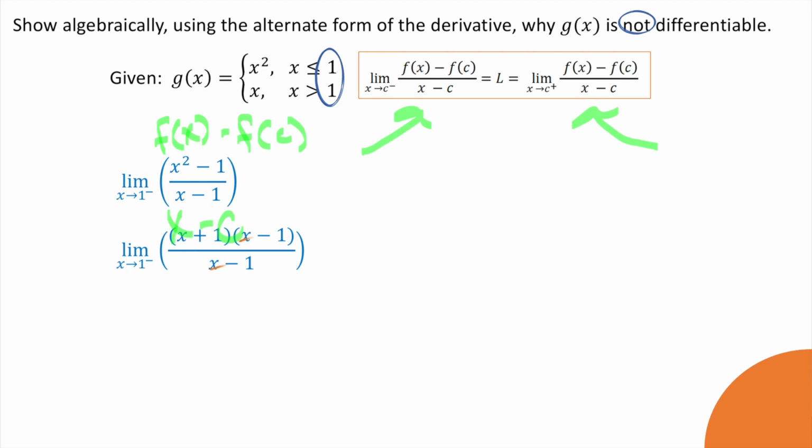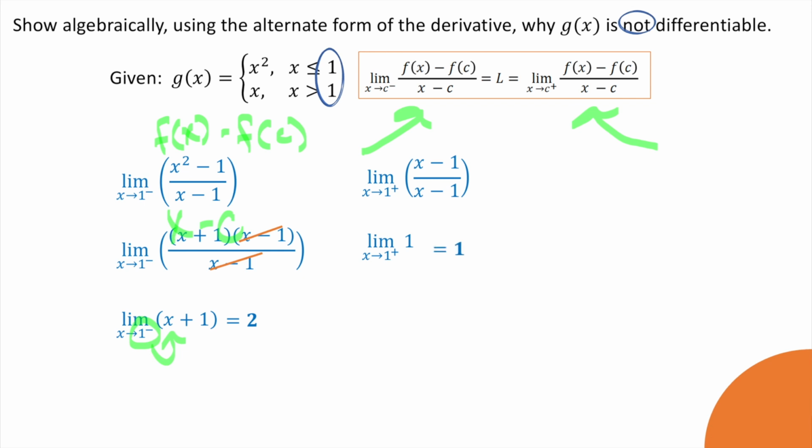Expand, cancel, and now we'll take 1 and plug it in, and you get 2. Now we'll take our second function, just x, f of x minus f of c over x minus c. Well, that's just 1, x minus 1 over x minus 1.